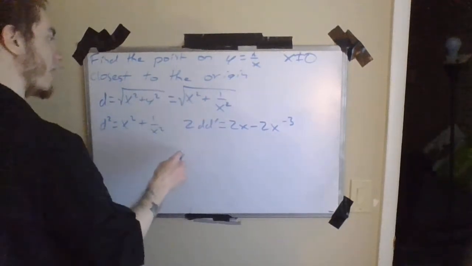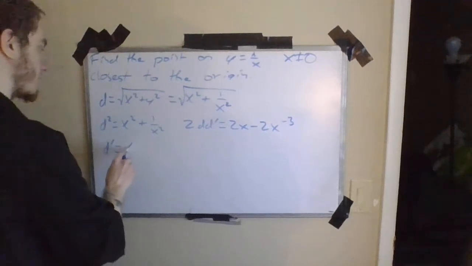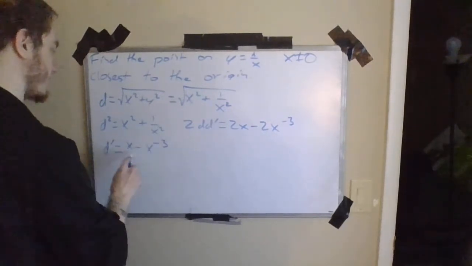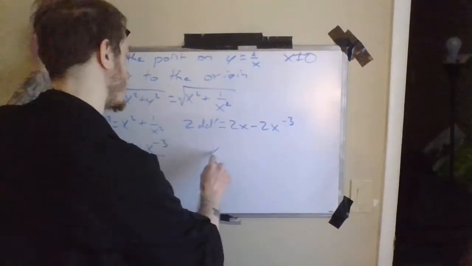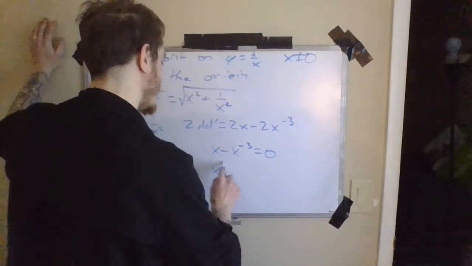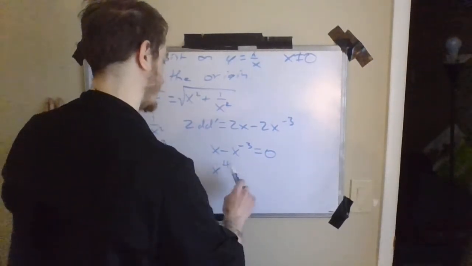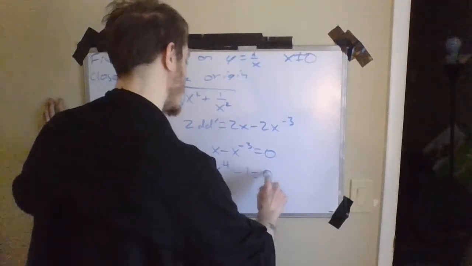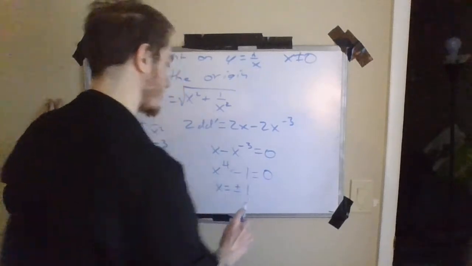Well, first of all, maybe we should say d prime is equal to x minus x to the minus 3 divided by d. But if you set this equal to 0, you just have x minus x to the minus 3 is equal to 0. So we get x to the 4th minus 1 is equal to 0. This is going to give me x equals plus or minus 1.